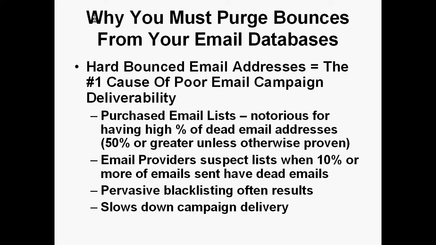We've seen upwards of 80% of these lists are dead. The problem with that is that it's an immediate red flag to either an email service provider you're working with, such as Constant Contact or any of the major ones, or the email providers you're sending to, that you have bought a purchased list, and therefore they consider you a spammer, even if you're not.